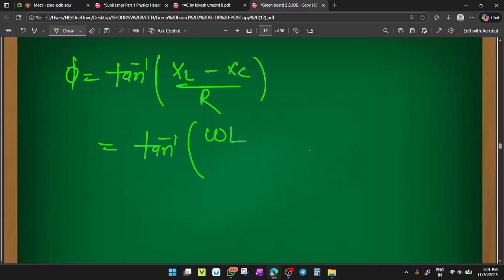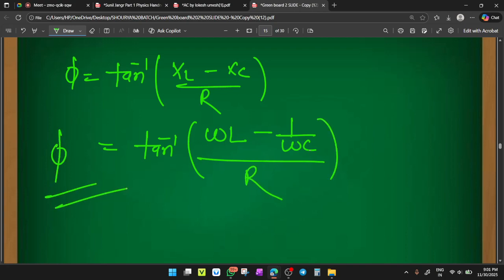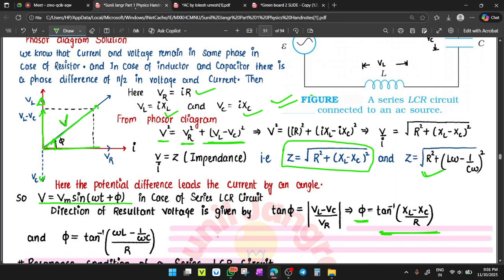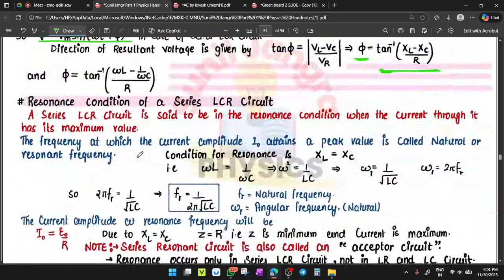What is X_L? X_L equals omega L. What is X_C? X_C equals 1 upon omega C, divided by R. So this becomes the final angle of phase, equal to tan inverse of (omega L minus 1 upon omega C) by R. Clear?